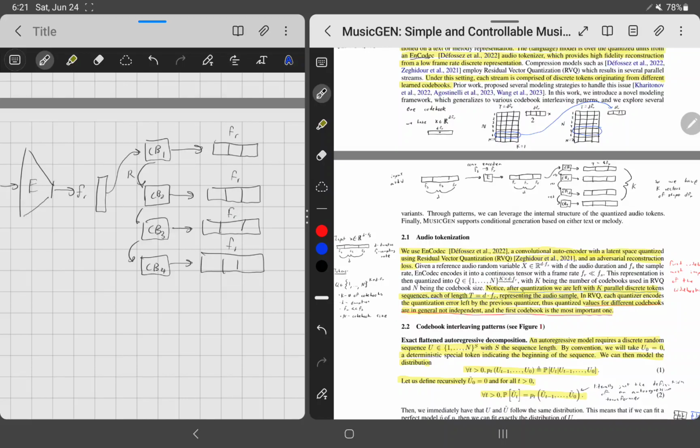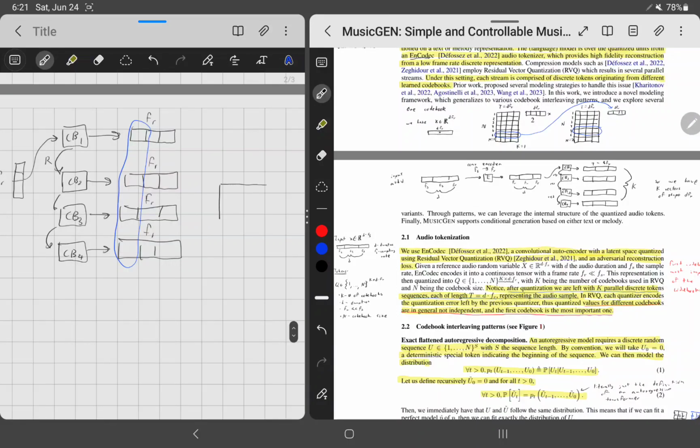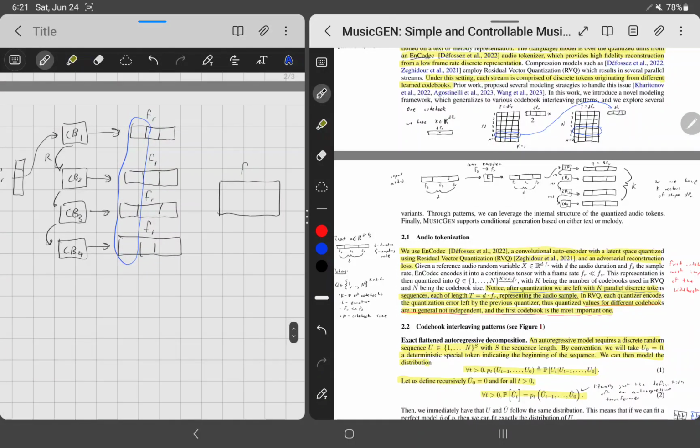So now we have this vector that is, in a way, tokenized along this dimension here. If we group these together, then you get an output from our residual vector quantization that is of shape f sub r by 4. K, the number of codebooks, is equal to 4. There we go.